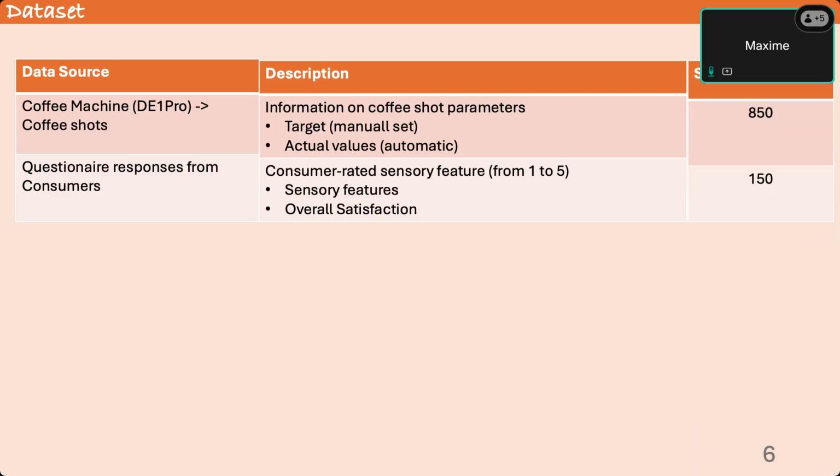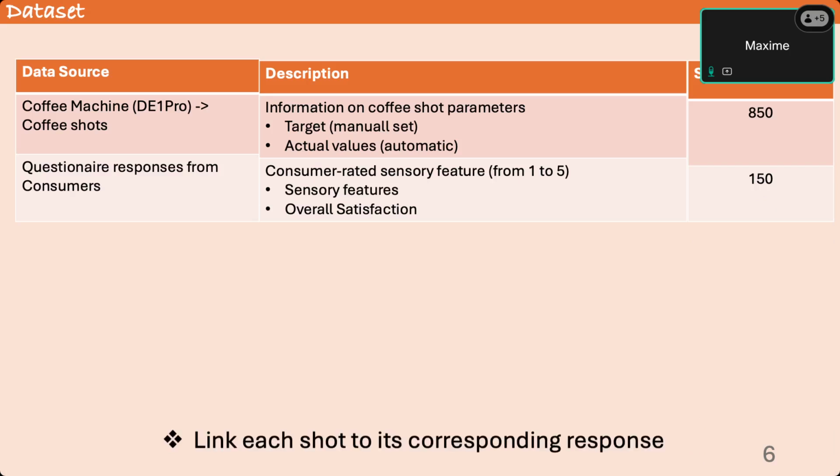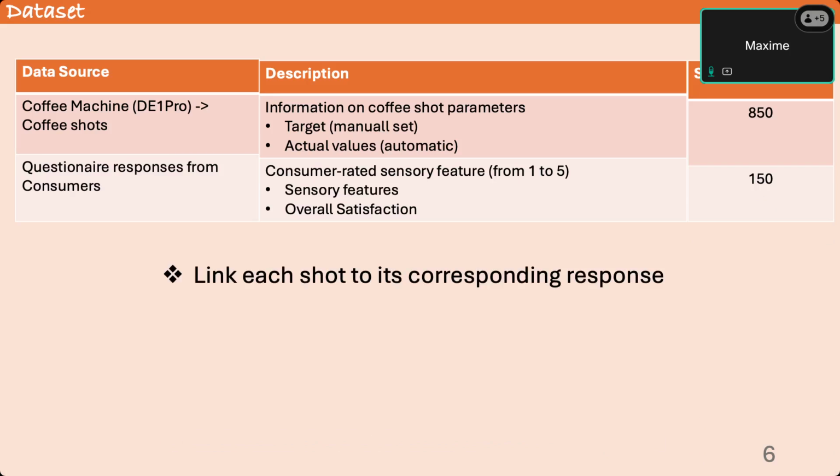So far we collected 850 records from the machine and 150 responses from the coffee customers. The gap between the numbers is because we started using the machine before we started the research. For our analysis, we decided to associate each shot with its sensory evaluation.